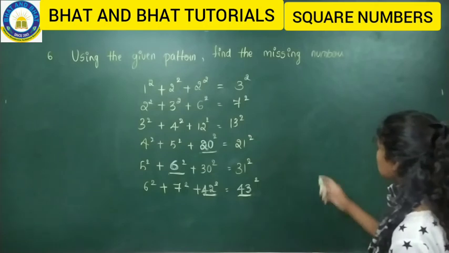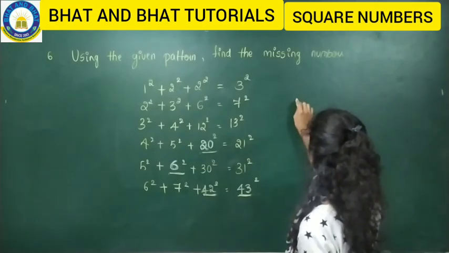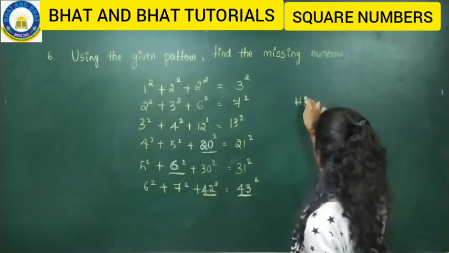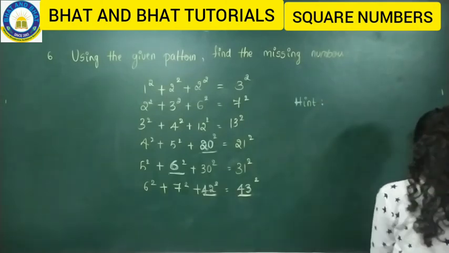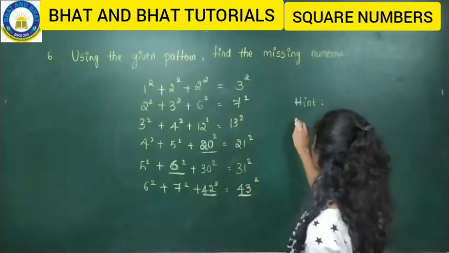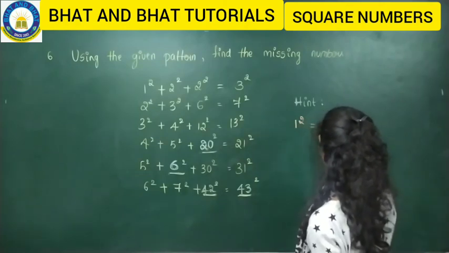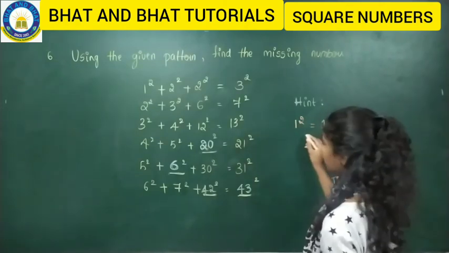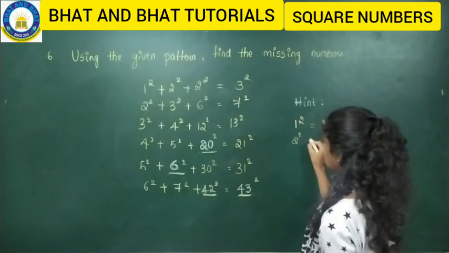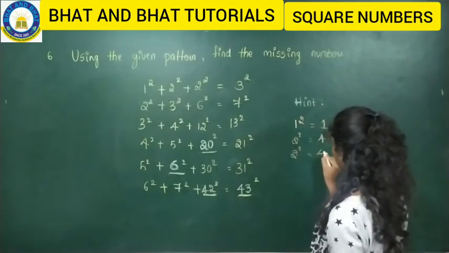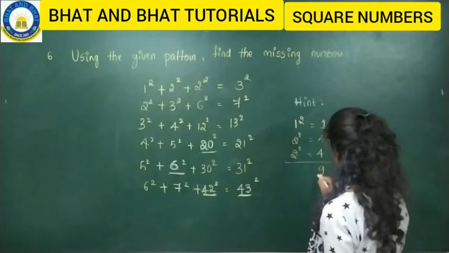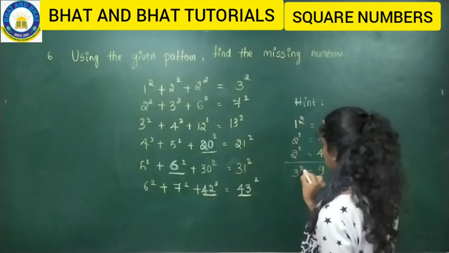The other way is you just write the hint for your understanding. Hint, I'll be writing the hint over here. See, that is 1 square is equal to 1. Okay. 2 square is equal to 4. Again 2 square is equal to 4, and 9 is equal to 3 square.